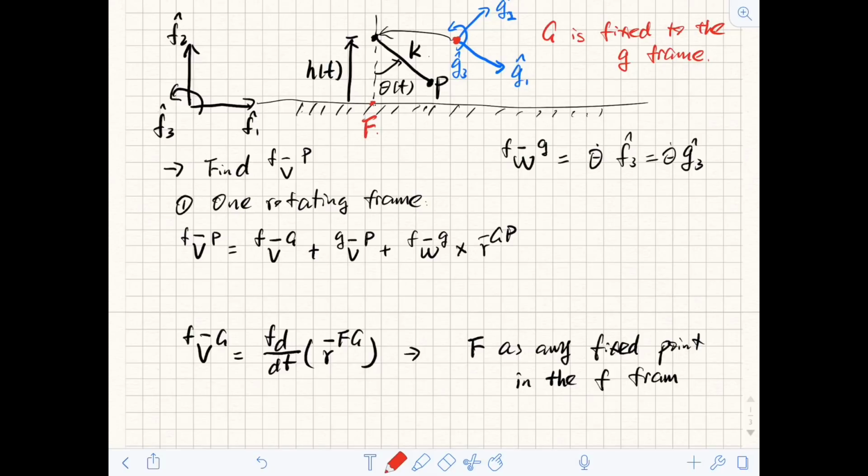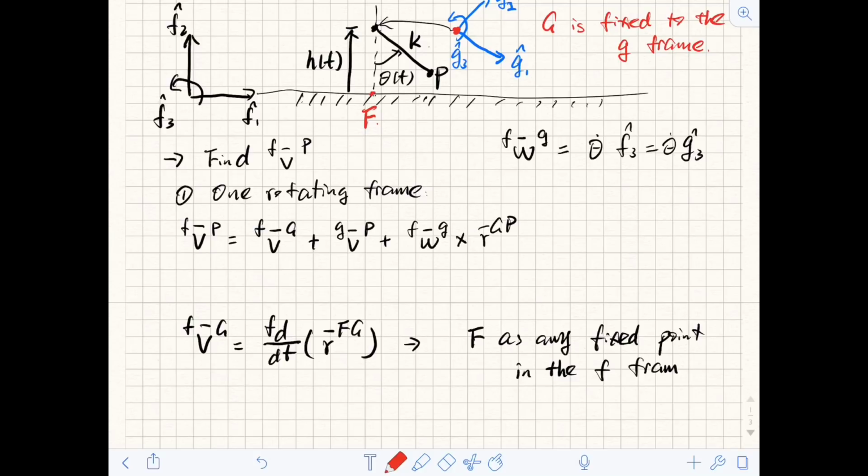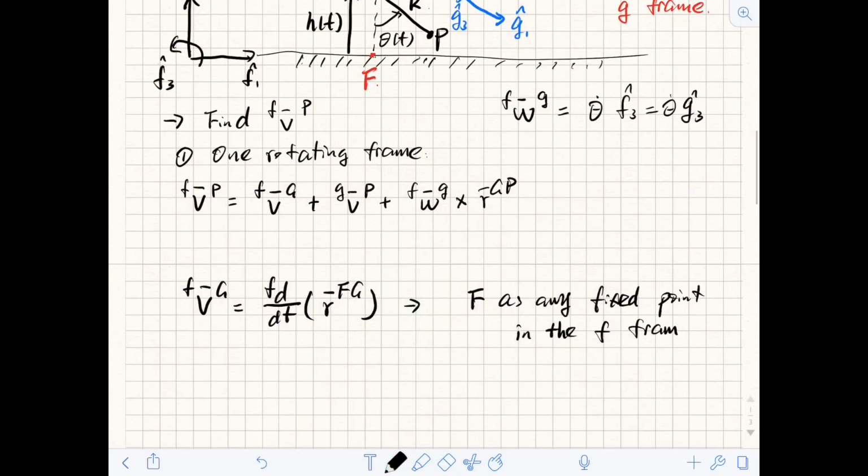That's our F. Now we have a simpler expression for the position vector RFG as h(t) in the F2 direction.